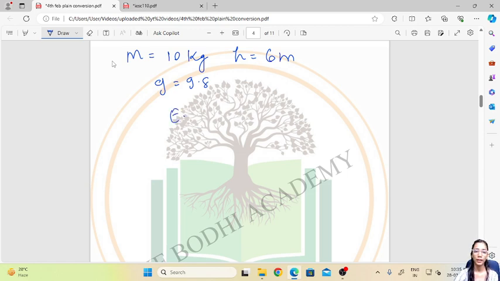So potential energy is equal to mgh, 10 into 9.8 into 6. So the answer is 588 joules.